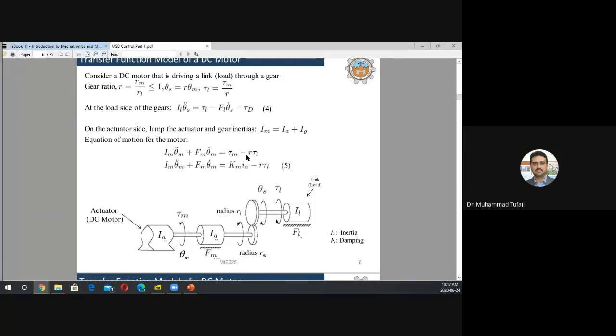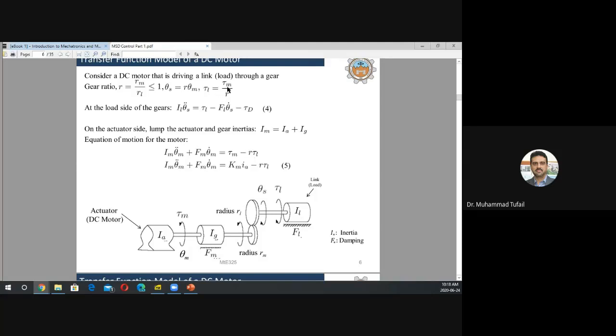And minus, we'll subtract from this the torque that is getting applied to the load. Or if you take it to the left side, you can sum it up with the load torque. But this time, unlike last time, we have to multiply it with R, the gear ratio.